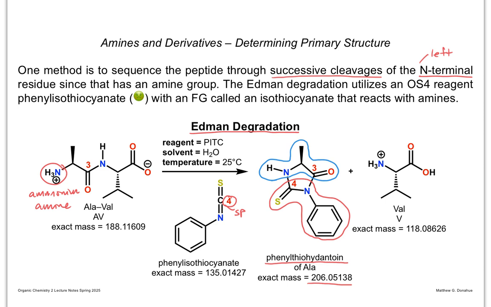And then you're left with the mass of the remaining chain, in this case from the dipeptide that's valine. You find its exact mass, and you can say, okay, the other amino acid bonded to it was then valine. So that's going to give you the exact sequence of AV.